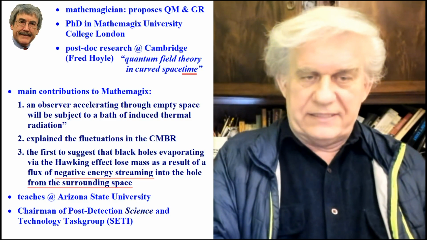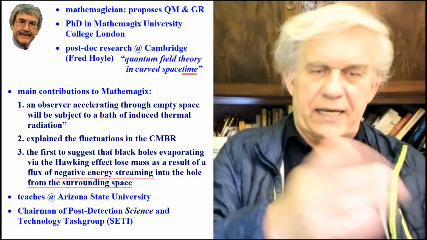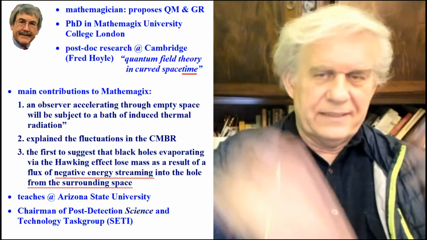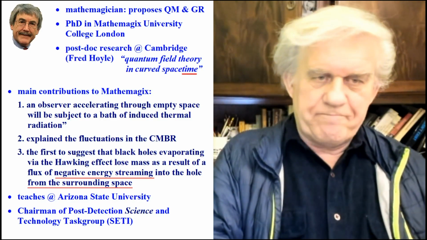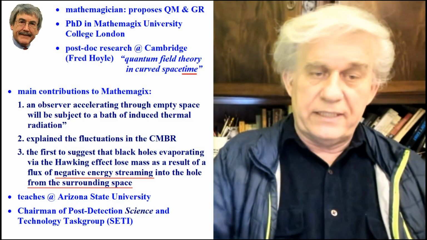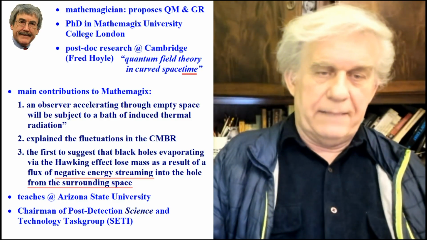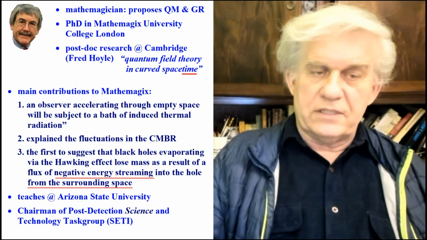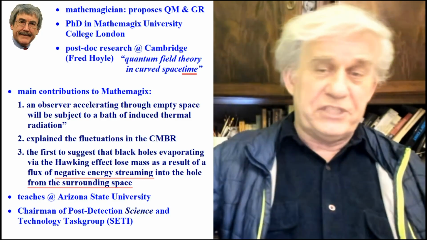Apparently he explained something about the fluctuations in the cosmic background radiation, whatever that is, okay? The first to suggest that black holes evaporating via the Hawking effect, okay? Talked about that sometime in the past. Lose mass as a result of a flux of negative energy streaming.